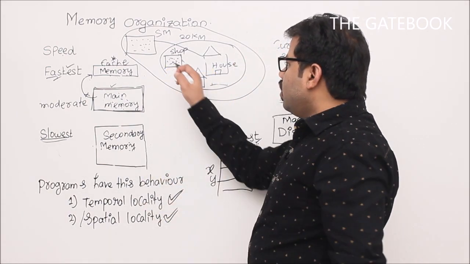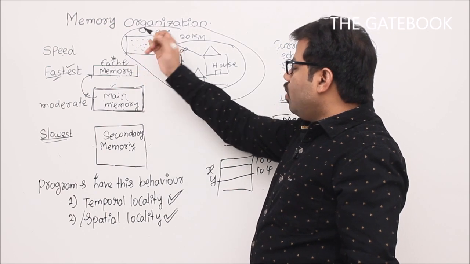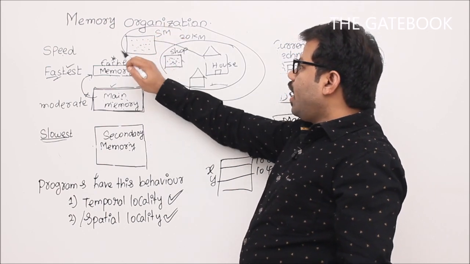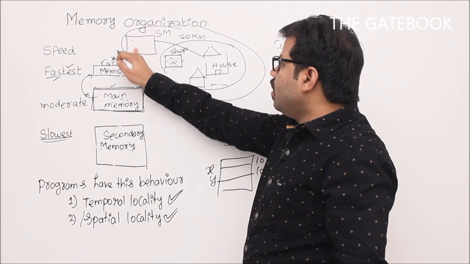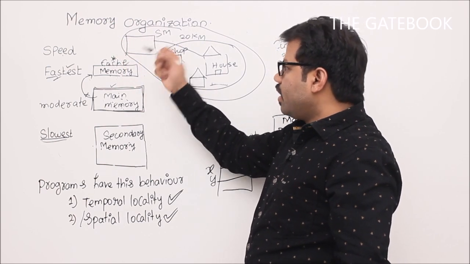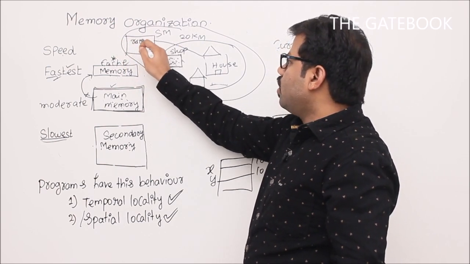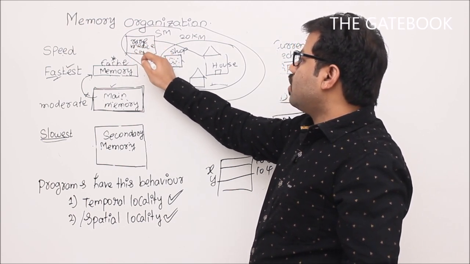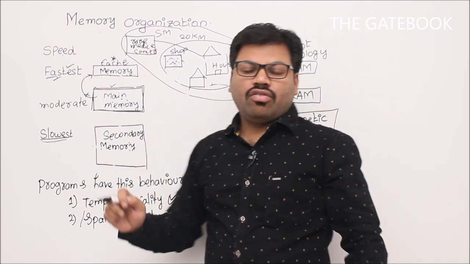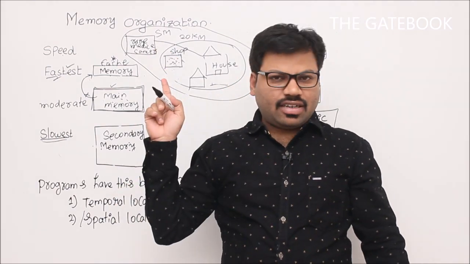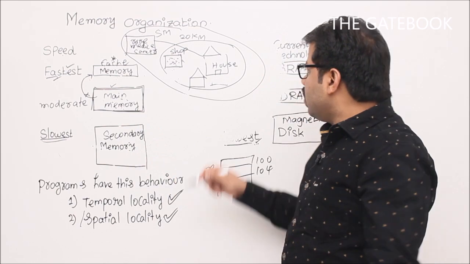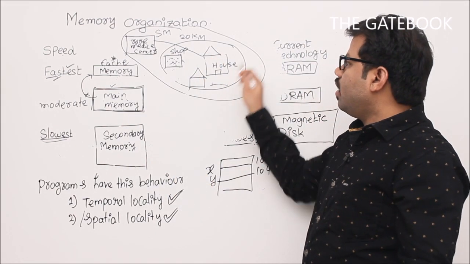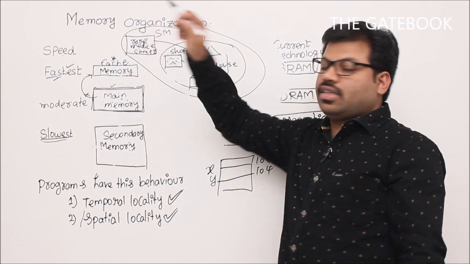Let's say this supermarket contains everything, maybe even a rare item, say a very rare medicine for cancer. Only one person in 1 lakh will take that medicine, but some people here also want that medicine.